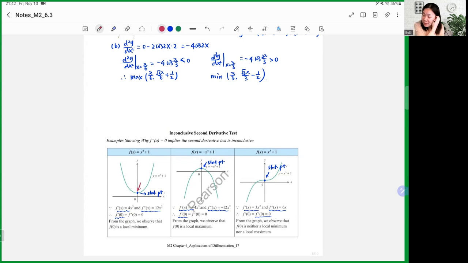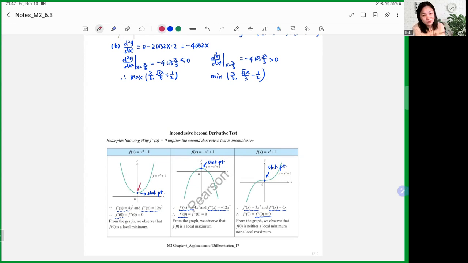So that's why, if you are comfortable with the first derivative test, it takes time, but if you can determine the sign of the first derivative, then you can determine whether you have a minimum point or maximum point.